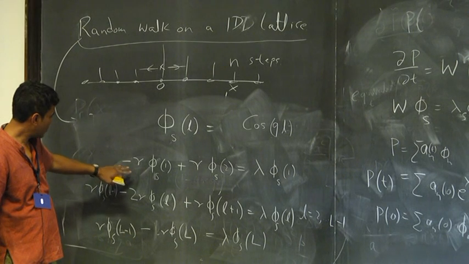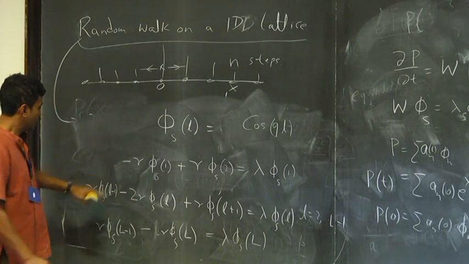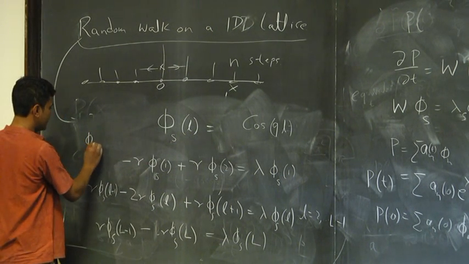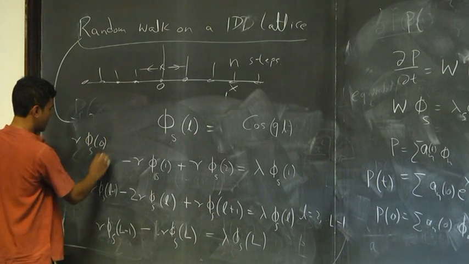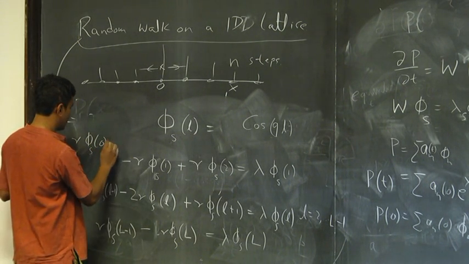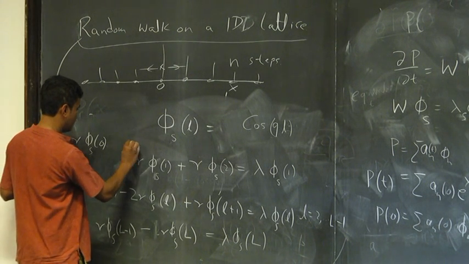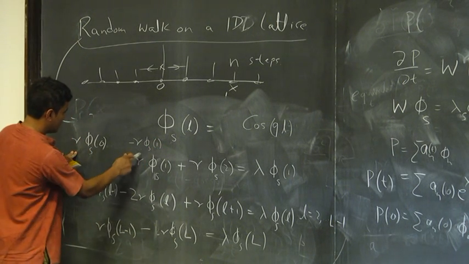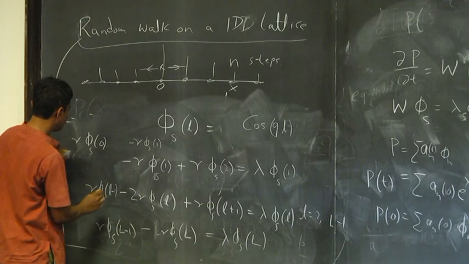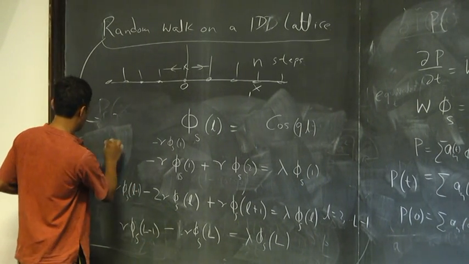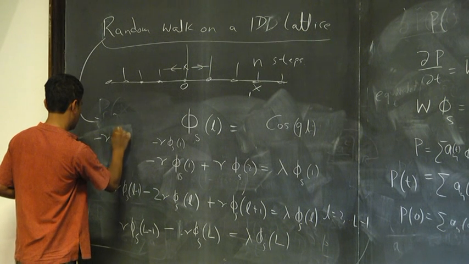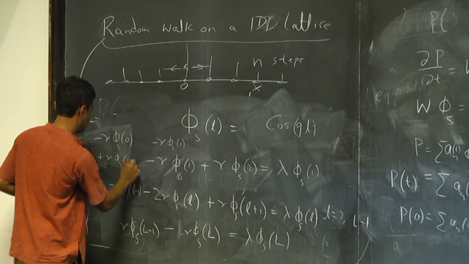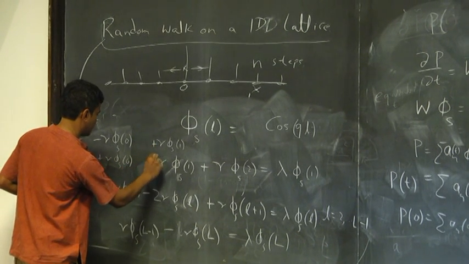Now supposing I want to write this also in the same way. What I can do is add a phi s0 term, so I put r phi s0. And I also add minus r phi s1, and so on.